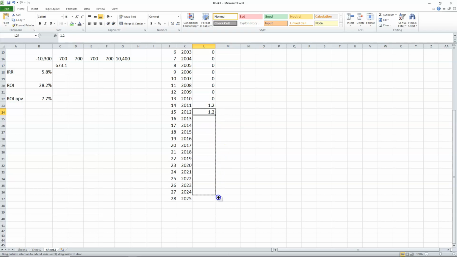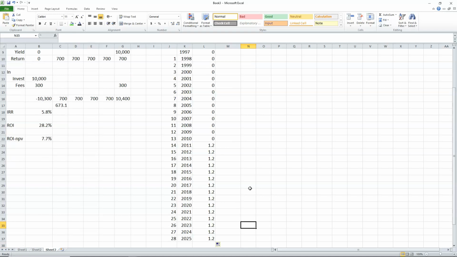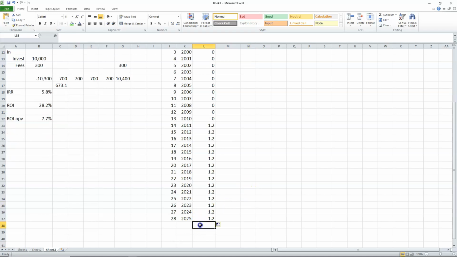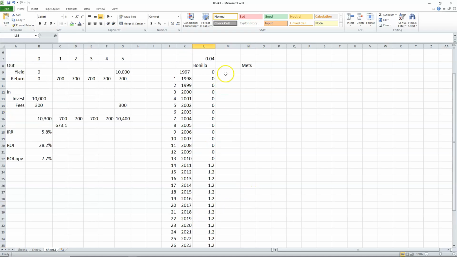So Bobby Bonilla is going to get paid 1.2 million every year. There's one of two ways you can figure out the value. One is you can shortcut. You can figure out what the net present value is and add it all up. Again, this seems like a really long problem with all these entries, but when you use Excel, you can pull things down. And so it's this divided by 1 plus r raised to this value.